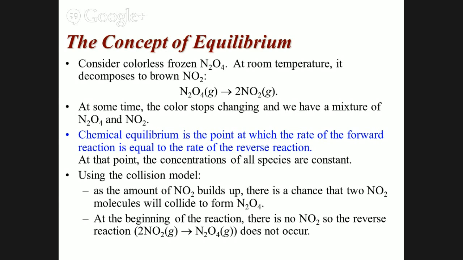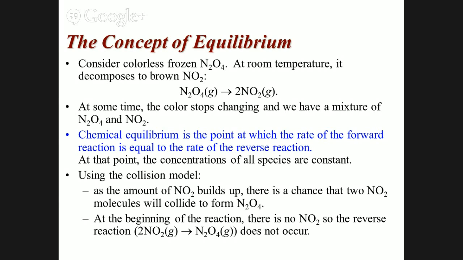Now, we're going to use the same collision model that we've been using when we had gases before. And basically, the idea is, at first, there's no NO2. So there's no reverse reaction because there isn't anything to react. But as the amount of NO2 builds up, the chance of two NO2 molecules colliding increases.